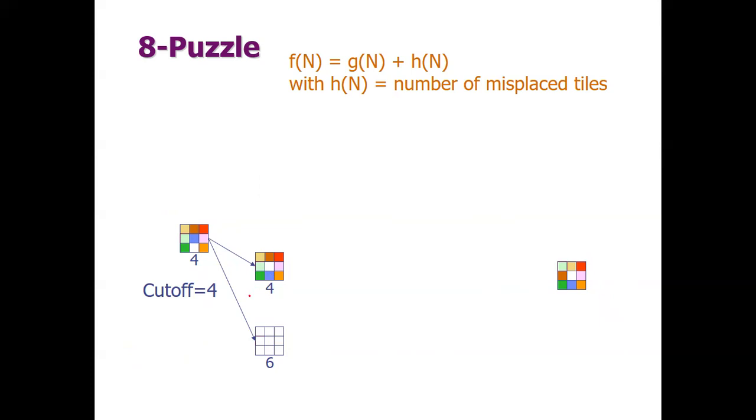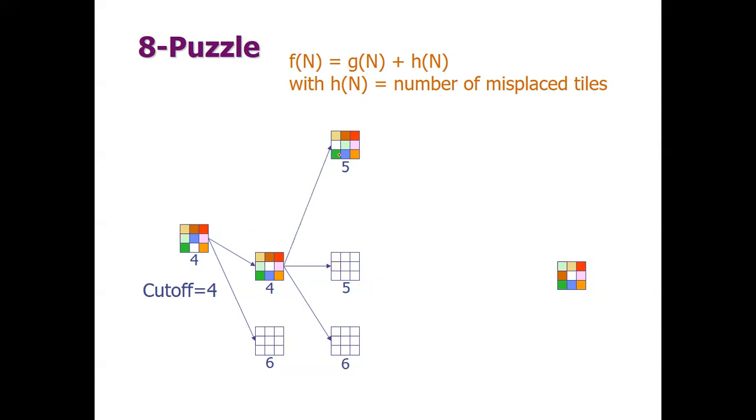Now its heuristic value remains 4. In another case, from this state we got this state when the rose is moved here, so it becomes 6, but we cannot include this. In another state, the brown is moved down, but its heuristic cost is 5, so we cannot include this.